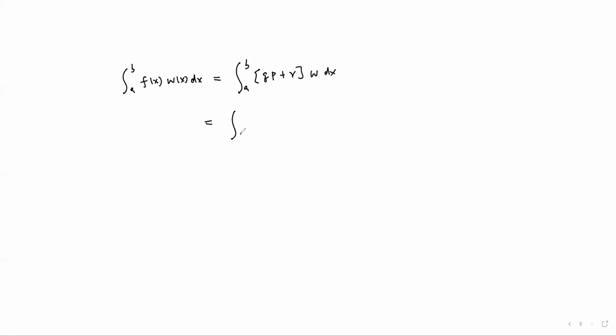So we have the integral of Q P w dx plus the integral of R w dx. But P has degree n and Q has degree n plus 1, and we assume that Q is orthogonal to all the polynomials of degree not greater than n.